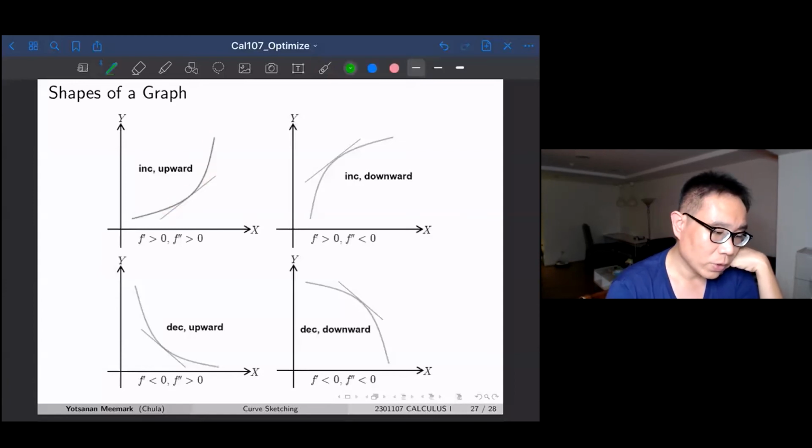If you consider the sign of f prime and the sign of f double prime, I'm going to write f prime and f double prime below the x-axis.